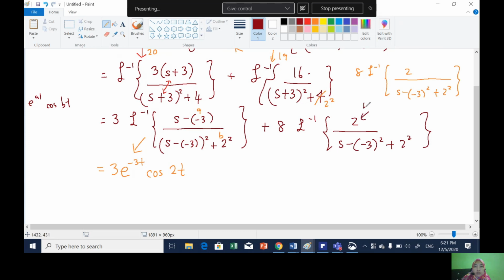So this is our B, and this is our A. So here will be plus 8. Then we have e to the power -3t, then we have sine 2t. So this is the solution for the second ODE.